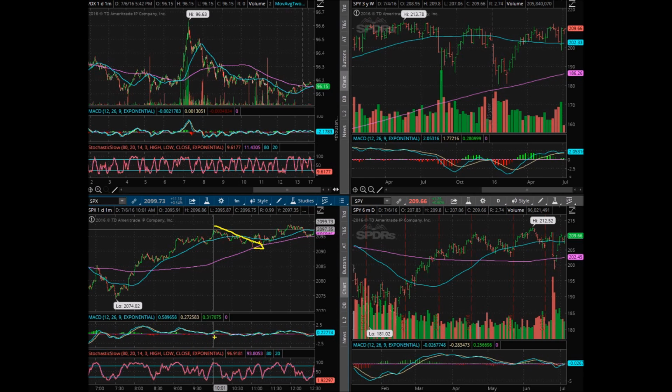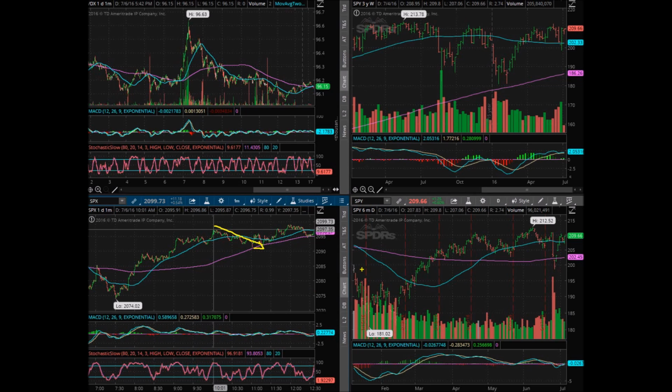Now the problem with that is on the uptrend we saw 3 peaks. On the downtrend we saw 2 peaks. So it's impossible really to say exactly when the turnaround is going to occur. But we can say that it looks like the strength or the weakness is decreasing.